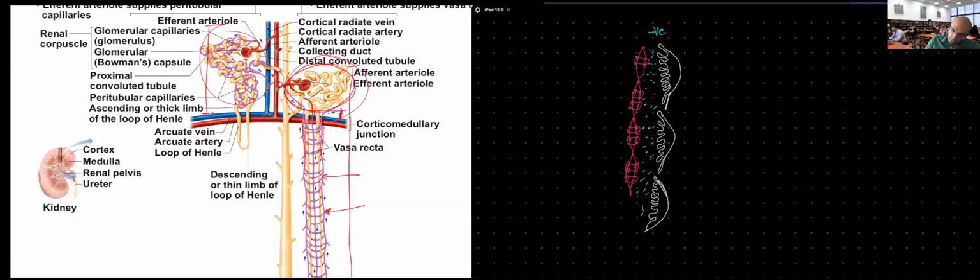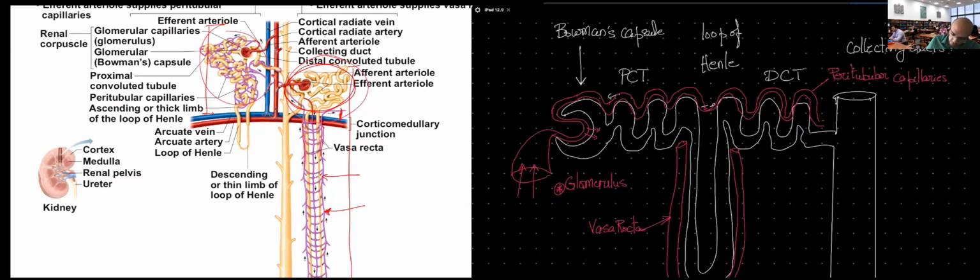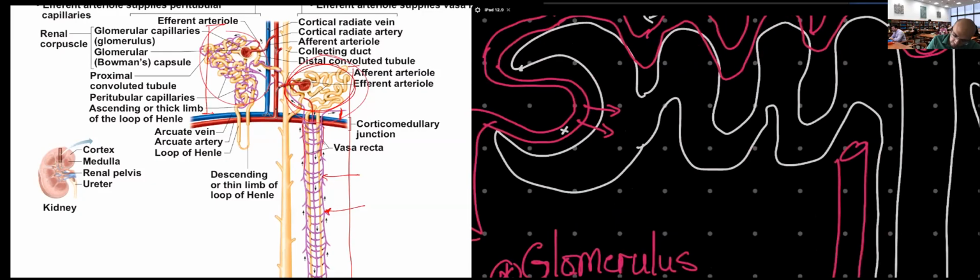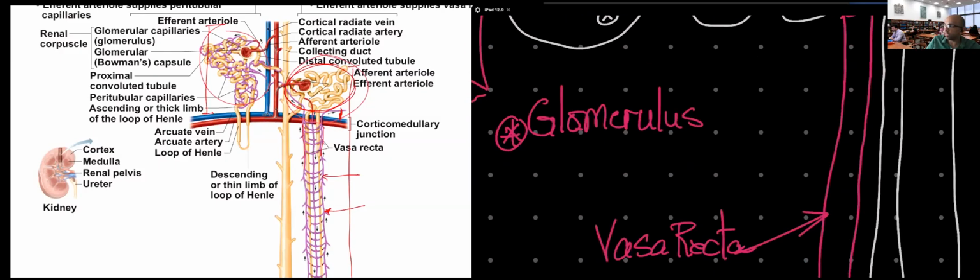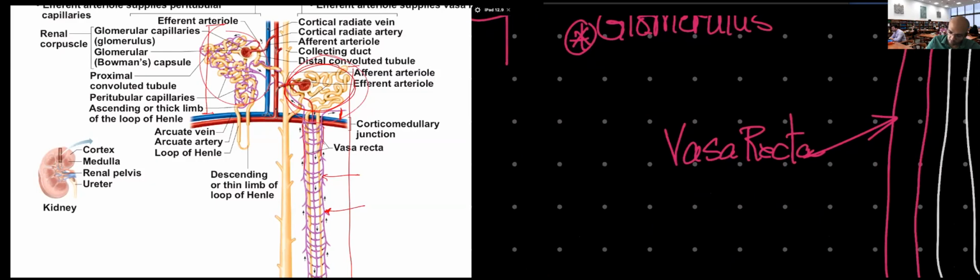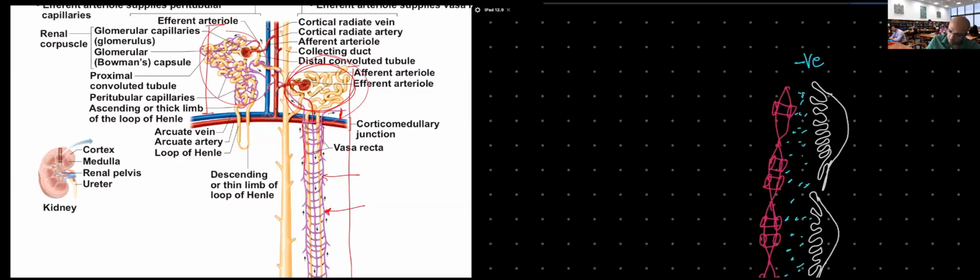Remember, anything can travel from the glomerulus to the Bowman's capsule except for three main things. First, the blood cells. Blood cells are larger than the fenestrations of the endothelial cells, so they cannot travel through the fenestrated endothelium to get filtered.